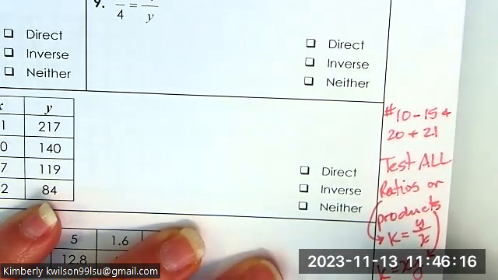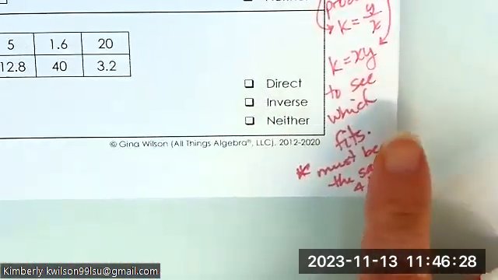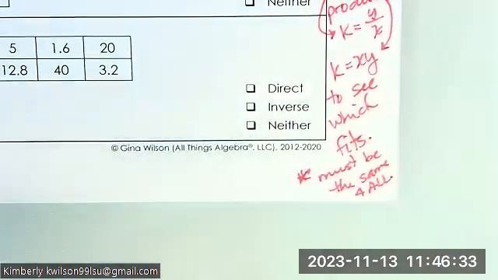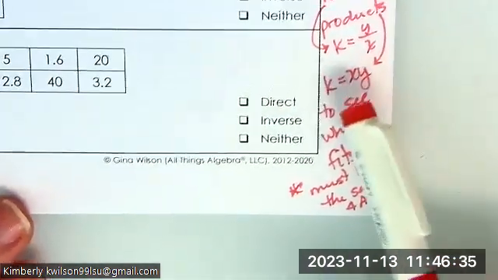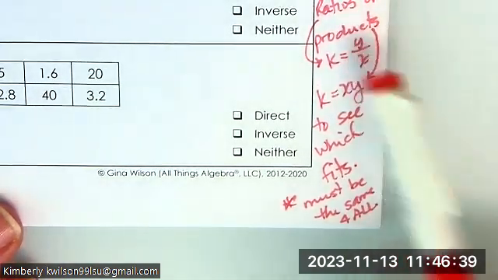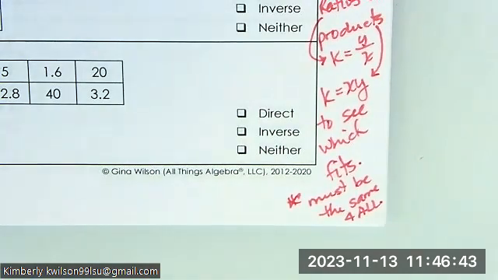To see which fits, and it must be the same for all. In other words, if it's all x times y and they're all the same, then it's inverse. If it's y over x and they're all the same, then it's direct variation. If it doesn't match for either one, then it's neither.